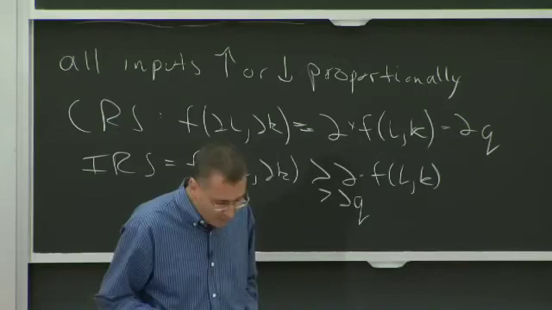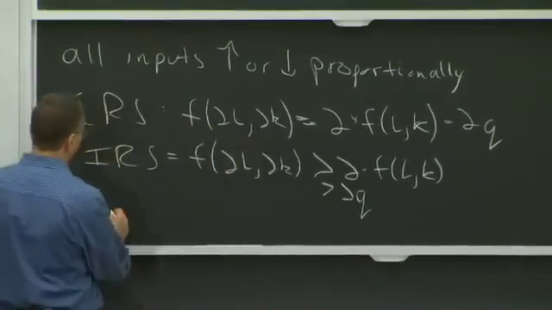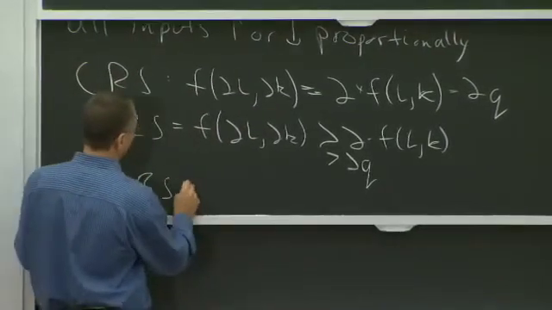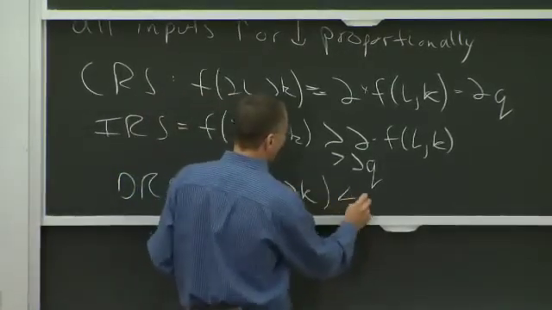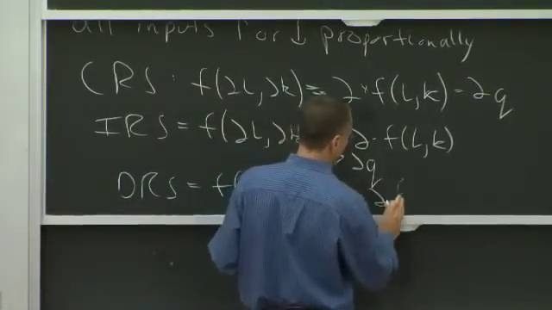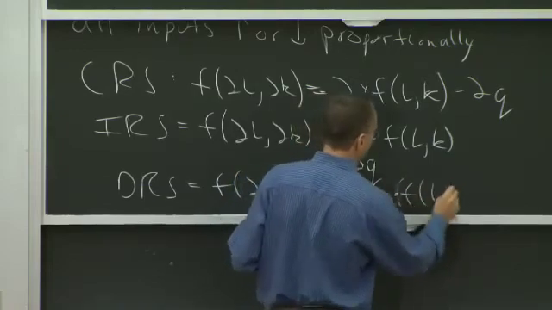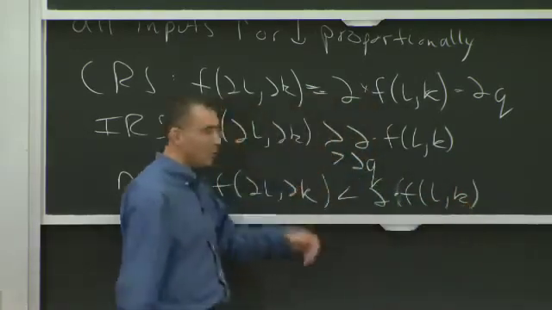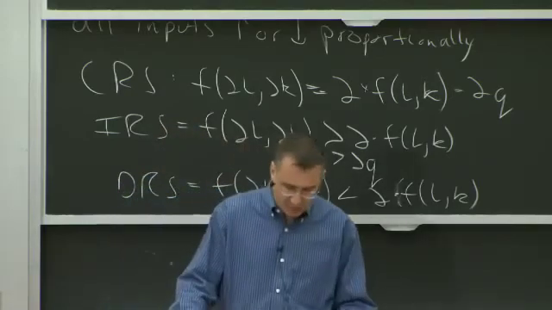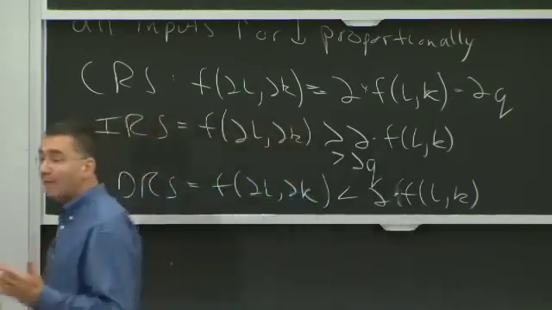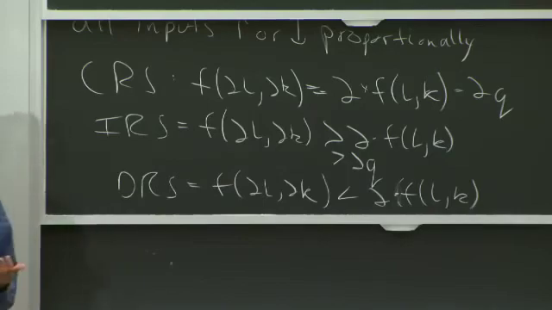On the other hand, we can also have decreasing returns to scale, which, not surprisingly, means that f of 2L, 2K is less than 2 times f of L, K, or less than 2Q. Okay? That would be decreasing returns to scale, which is when I double my firm, I get less than twice as much stuff.